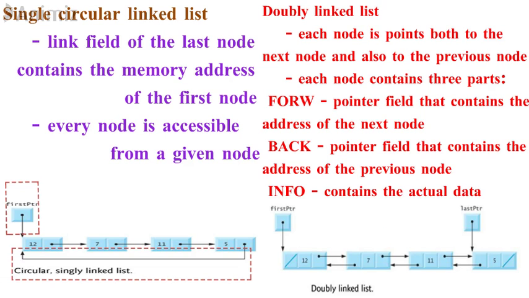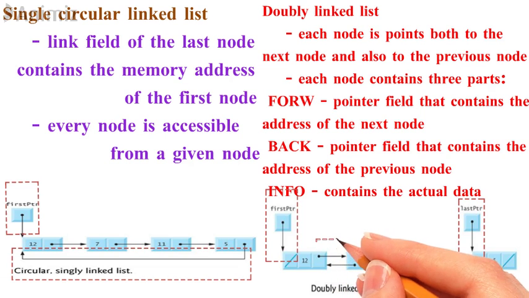Now when you see the figure, you have four nodes: 12, 7, 11, 5. 12 is the first node which has the first pointer. 5 is the last node which has the last pointer. Now, in this, the first node 12 has 2 links. Since it does not have any previous node, that link is made null.